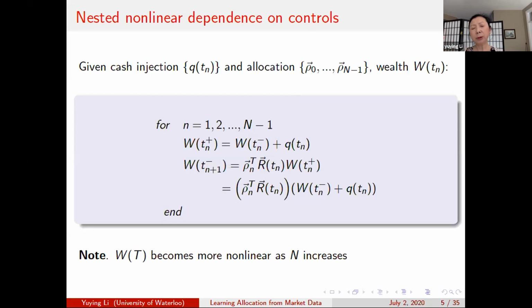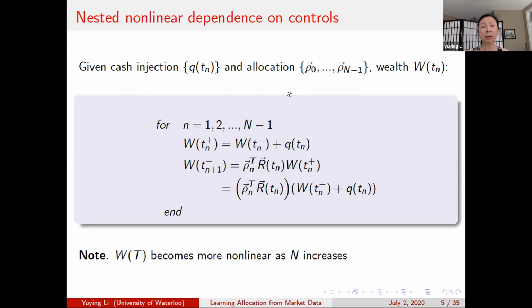Even when the objective function as a function of the wealth itself is smooth and convex, this optimal allocation problem is challenging in the sense that in terms of the control, the objective function is very nonlinear and non-convex.